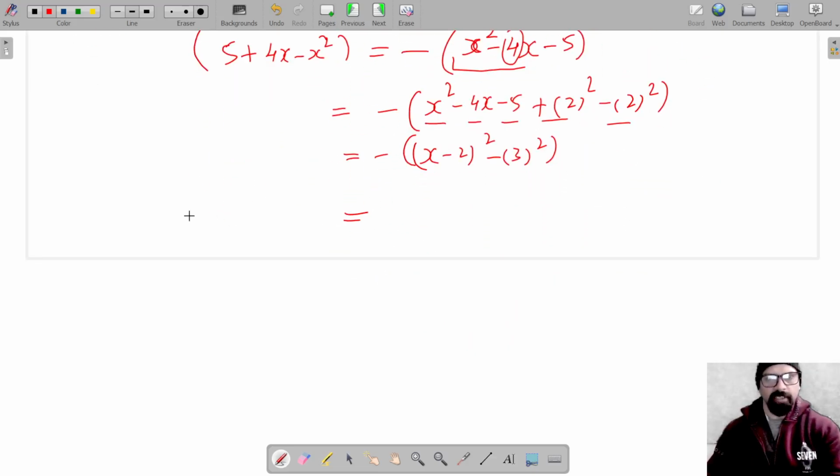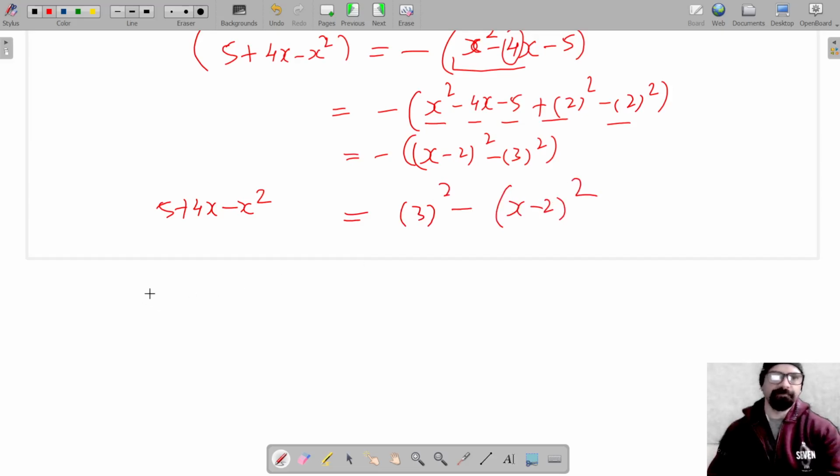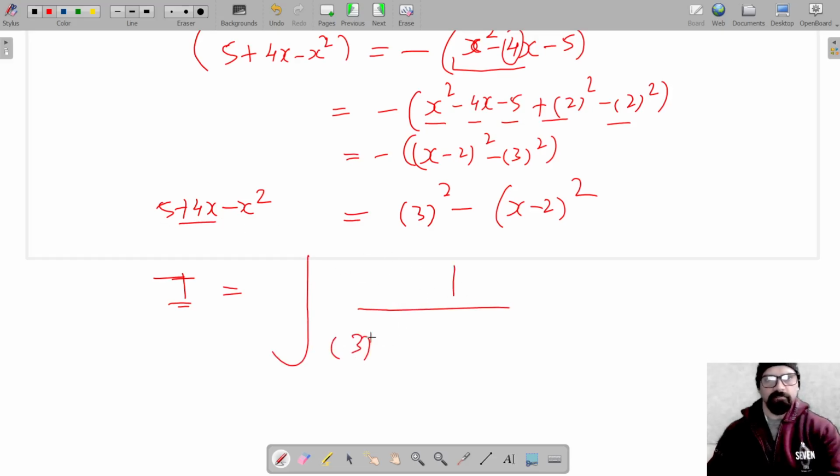So finally, I can write 5 plus 4x minus x square is equal to negative of this; multiplying with the negative, it gives me 3 square minus x minus 2 the whole square. So our integral I is the integration of 1 upon 3 square minus x minus 2 the whole square into dx.